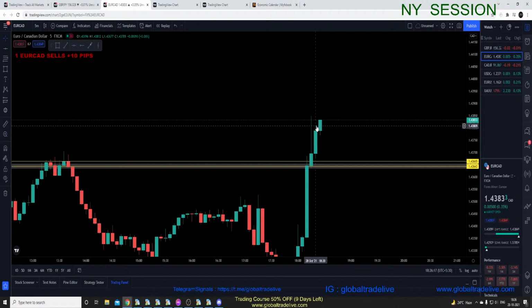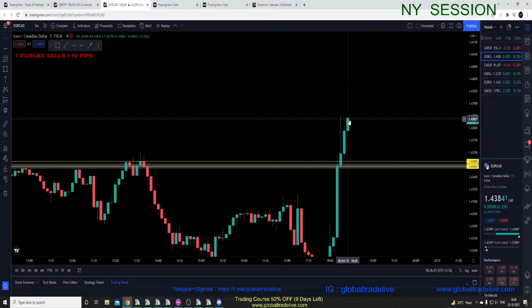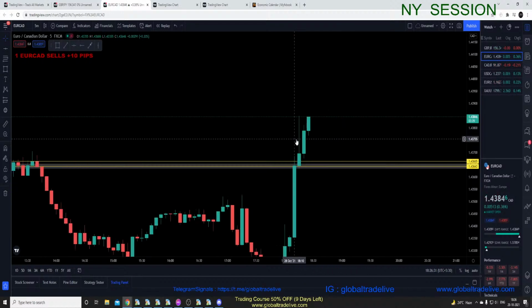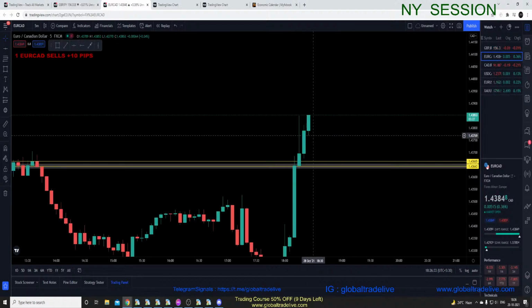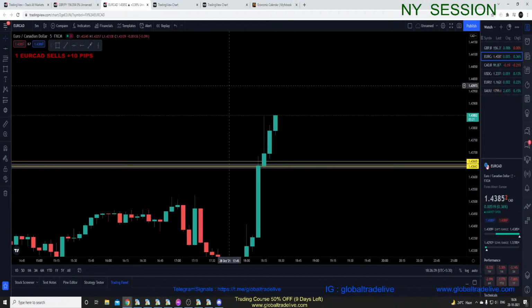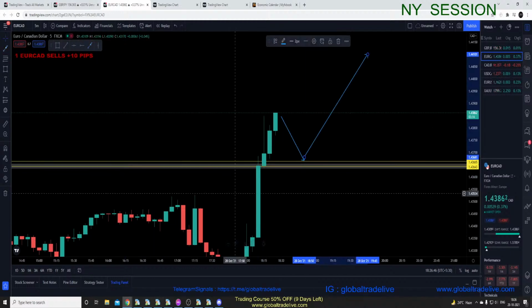So this 5-minute candle broke the high of the previous 5-minute candle, and it's about to break the high of this candle also. If that happens, then this 5-minute candle can stretch all the way up, but I cannot take this trade because 4 hour will be closing in just 4 minutes, so I have to be very very careful. So I need something like this thing.